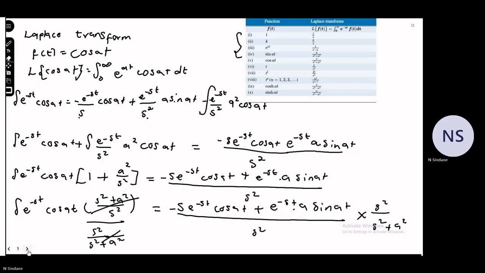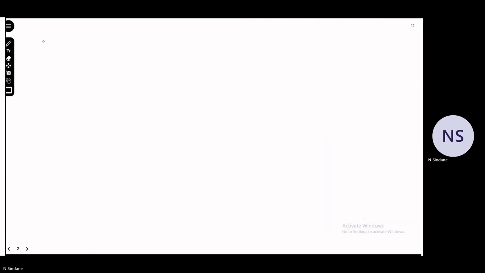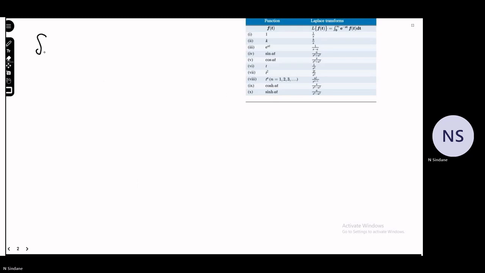Let's go to the next page. On the next page, the integral of e to the power minus st cos of at is equivalent to negative s, not squared, but negative s, e to the power minus st cos of at, right?